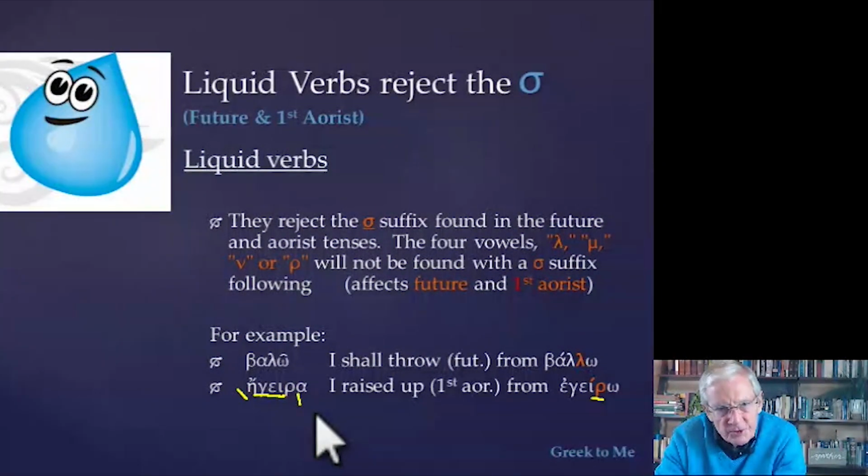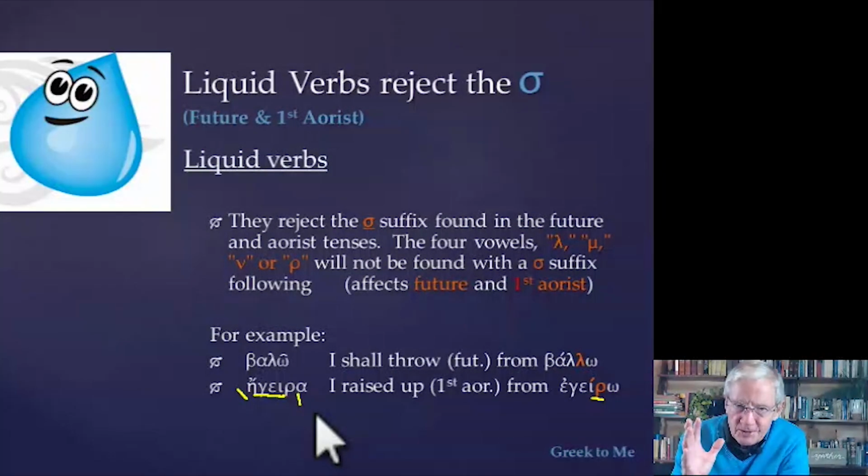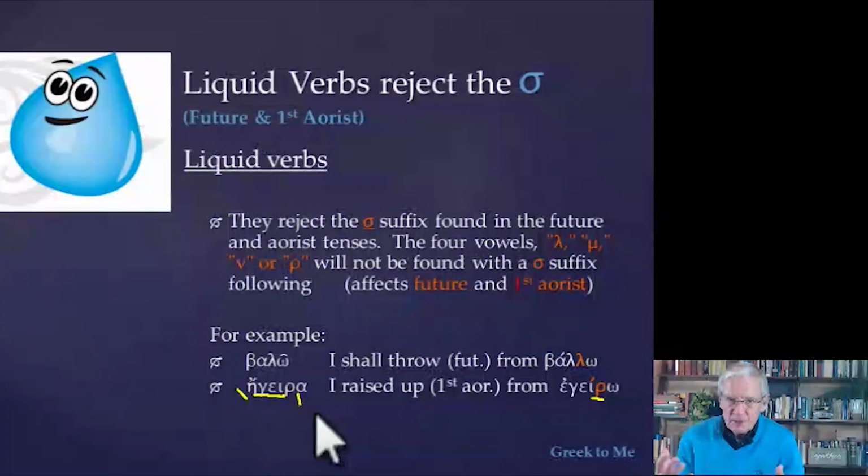This is parsed as first aorist, active indicative, first person singular. I raised up. The sigma isn't to be found. That is the peculiarity of these liquid verbs. The sigma occurs in the future as well as the first aorist. And with these verbs, the sigma is not going to be found in these tenses.